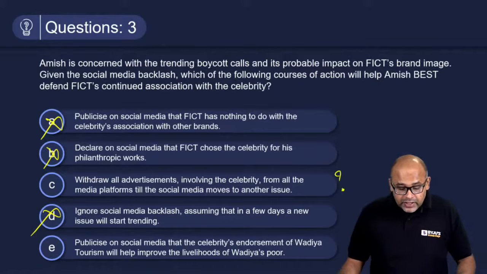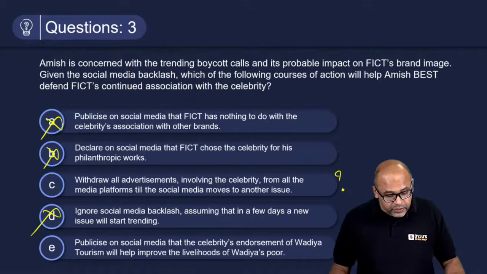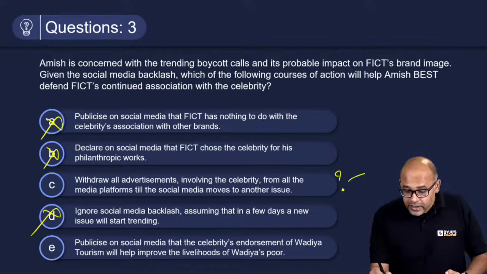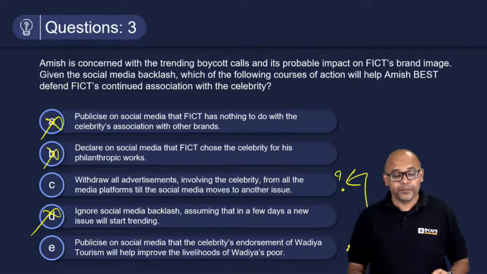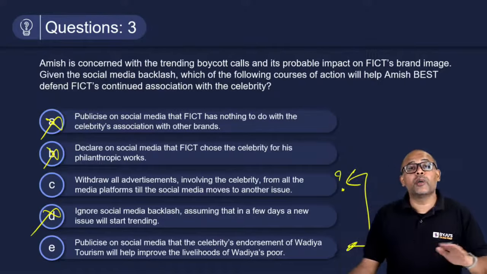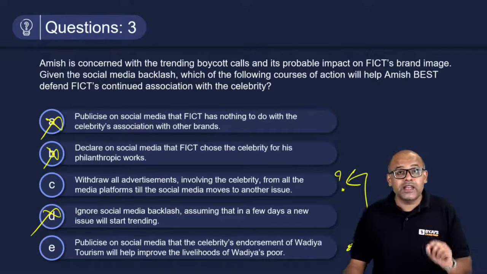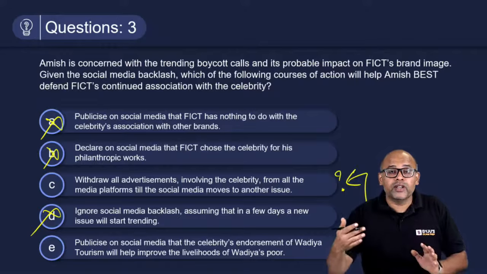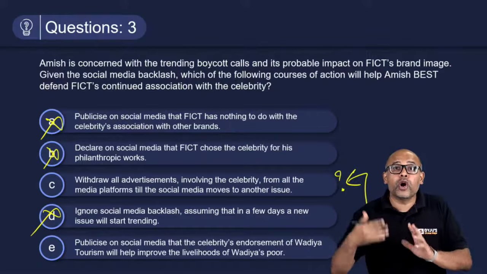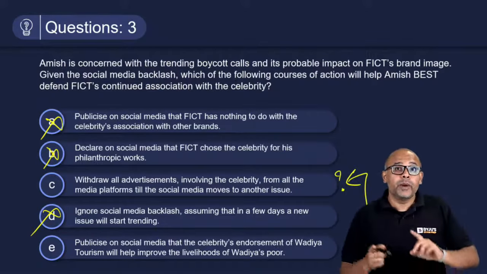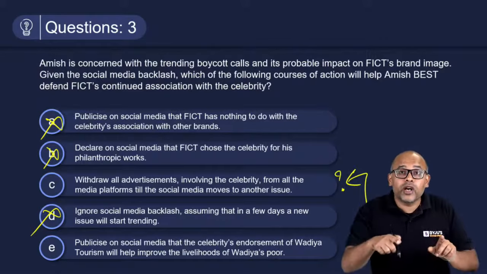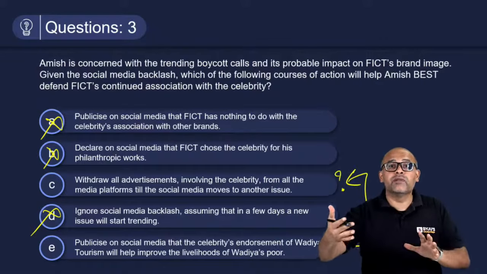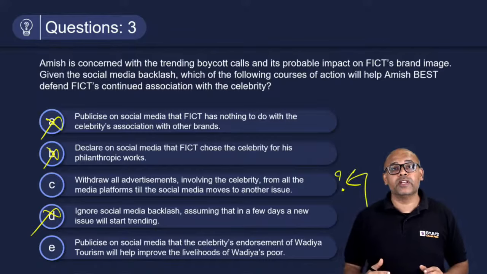Publicize on social media that the celebrity's endorsement of Vadiya tourism will help improve the livelihoods of Vadiya's poor. Now this, you have to compare with your option C. C basically says stop all advertisements, whereas E very beautifully says that, look, point out that he is actually not in favor of the dictator, but is doing this because he will promote tourism which will help the poor people of Vadiya.